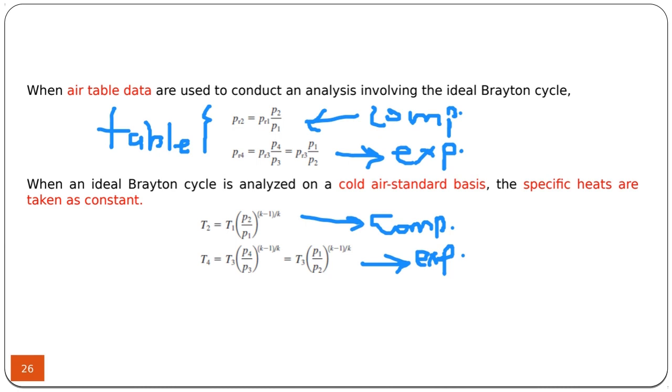Here, when we say the compression ratio, we mean the compression ratio of the pressures. So one of the most important differences between the gas turbine analysis and internal combustion engine analysis is that here we use the ratio of the pressures, whereas it was the ratio of the volumes in reciprocating engines.